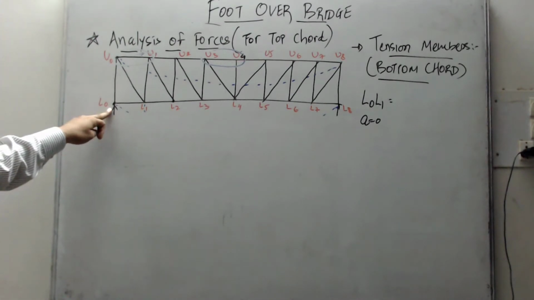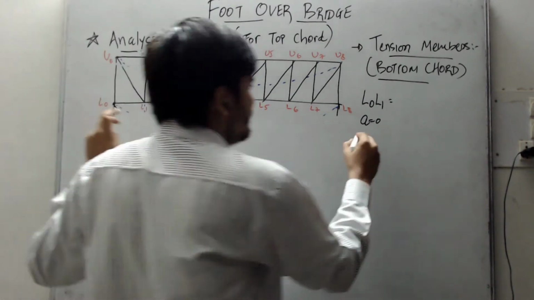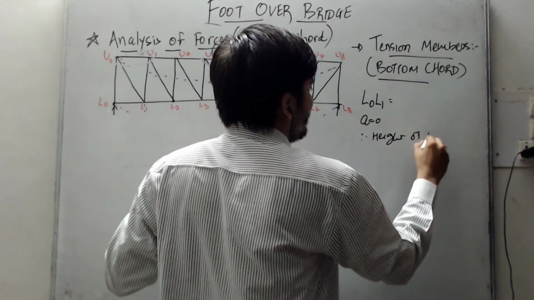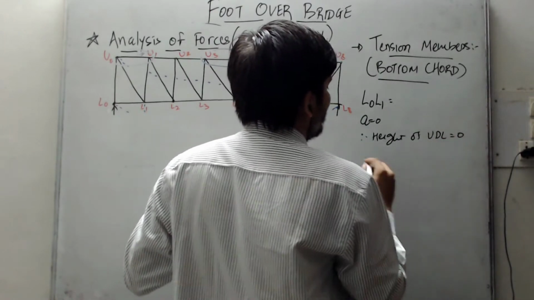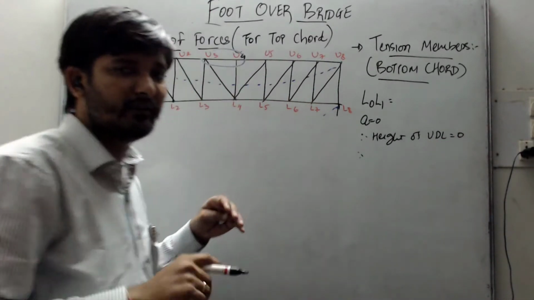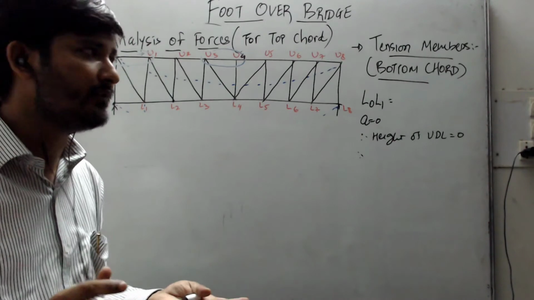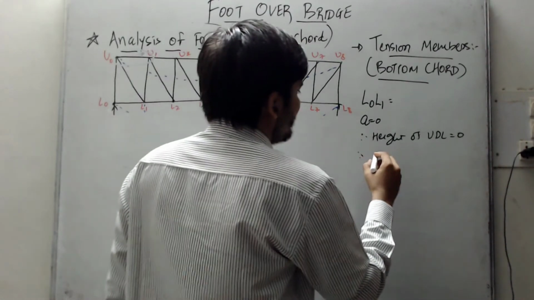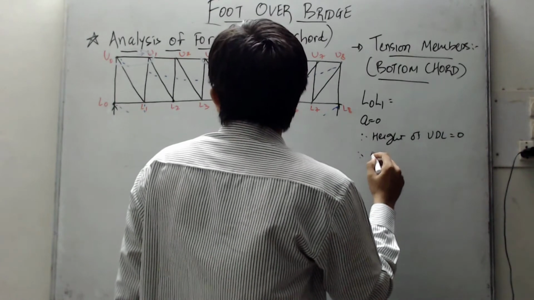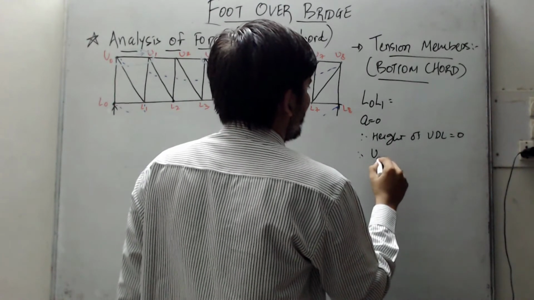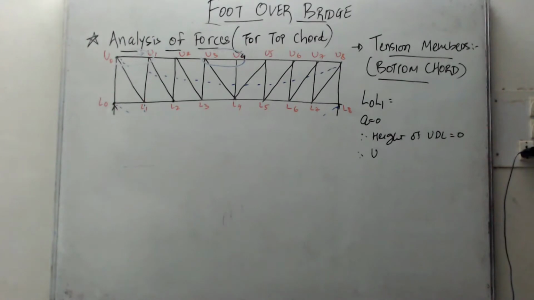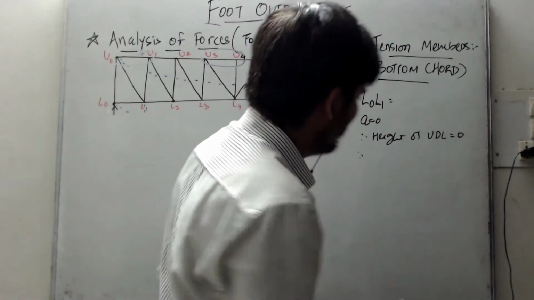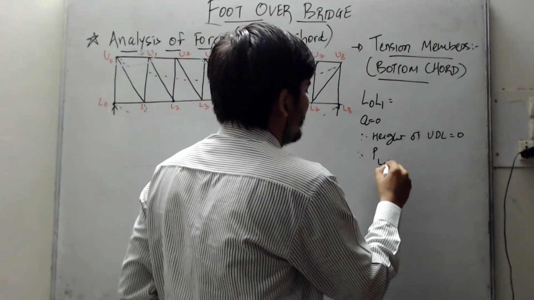Therefore the height of the UDL will be equal to 0. If the height of UDL is 0, then the area of the triangle will also become 0. If the area of the triangle is 0, then ultimately the force will become 0. So the force in L0, L1, that is P L0, L1, will become 0. So we write P L0, L1 as 0.